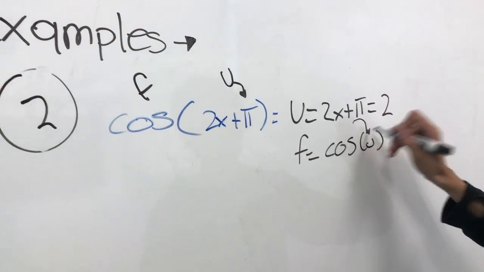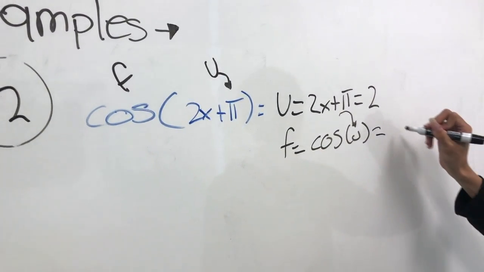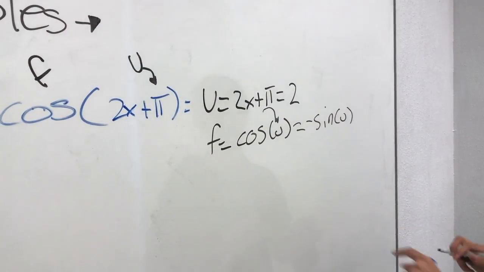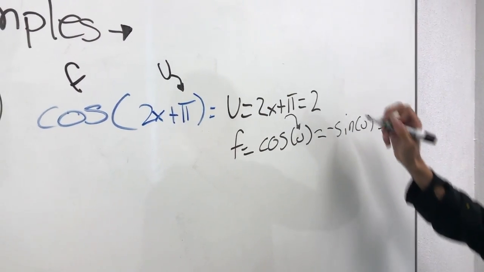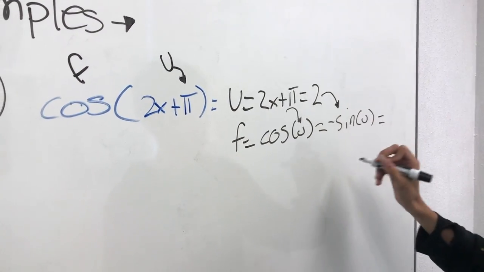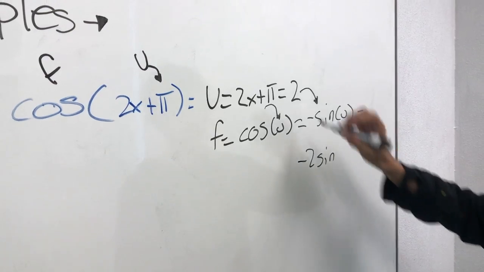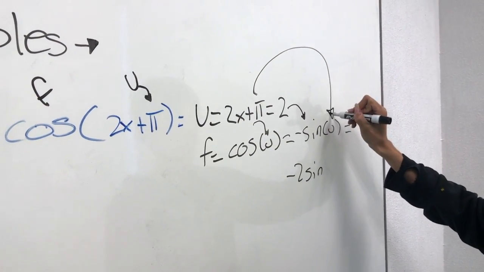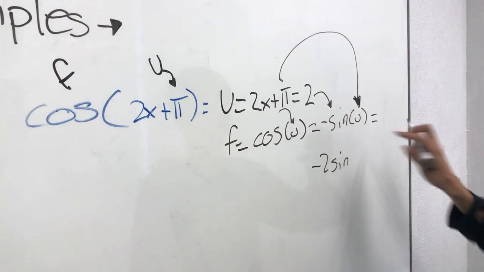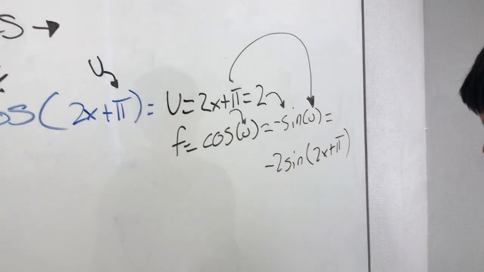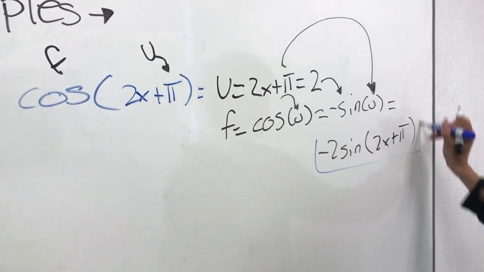The derivative would be minus sine of u, and then we only have to multiply. Here we multiply the 2 times this one, which would be minus 2 sine of u. We take our u inside the parenthesis of sine, which would be 2x plus pi. And this would be our final result for this function.